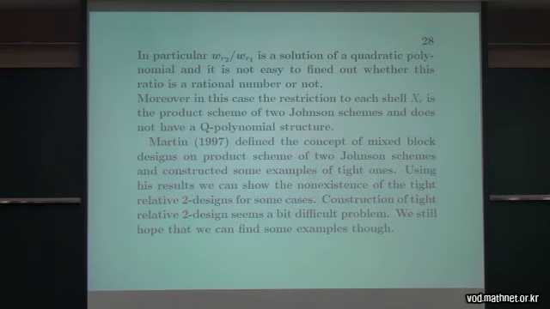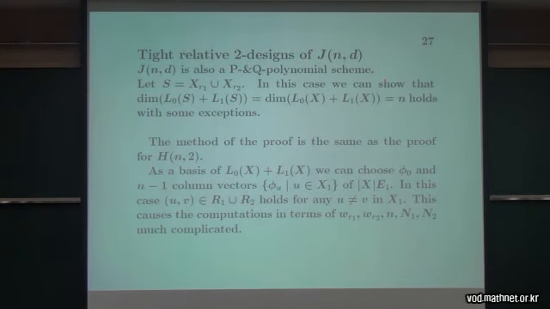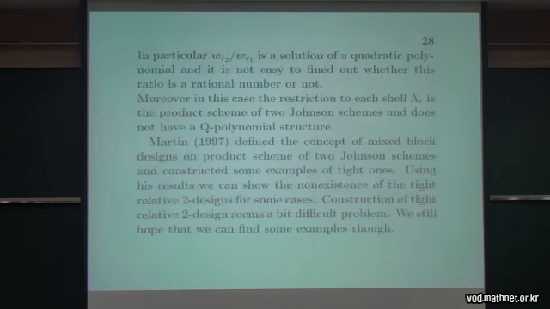In particular, this ratio is a solution of a quadratic polynomial, and it is not easy to check whether it is a rational or irrational number, or to give a general formula using this one. So we can make an experiment.